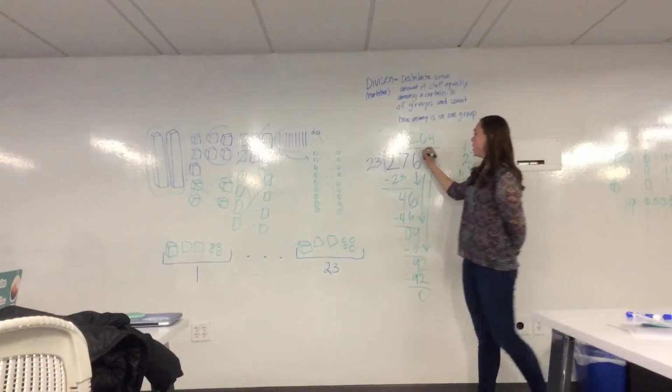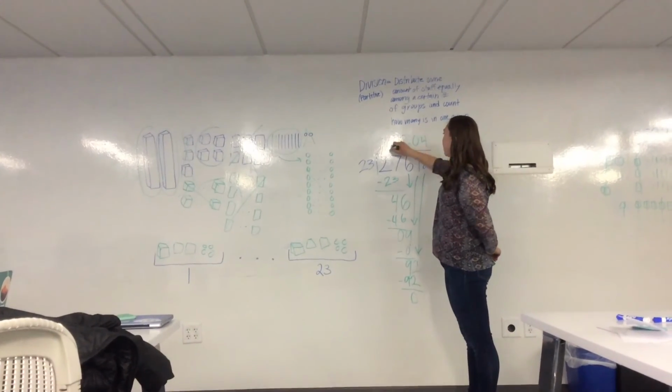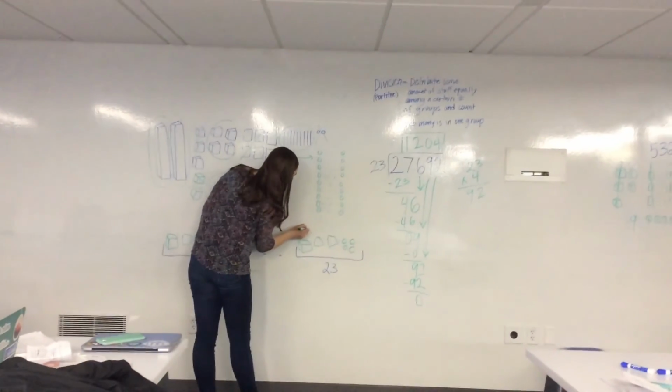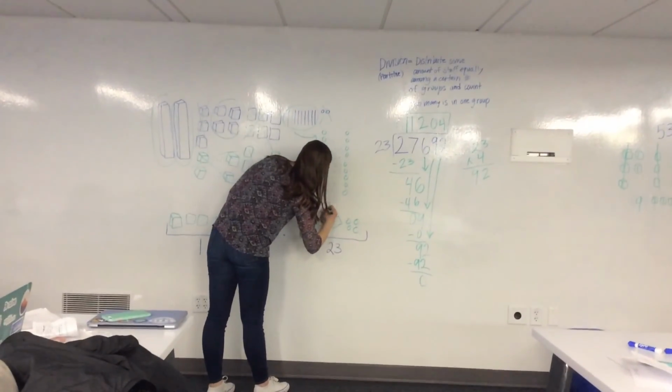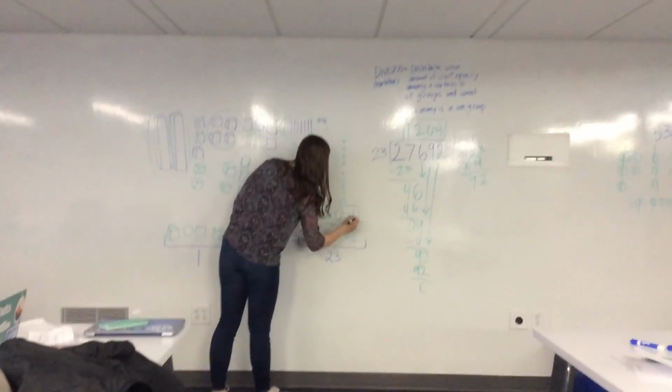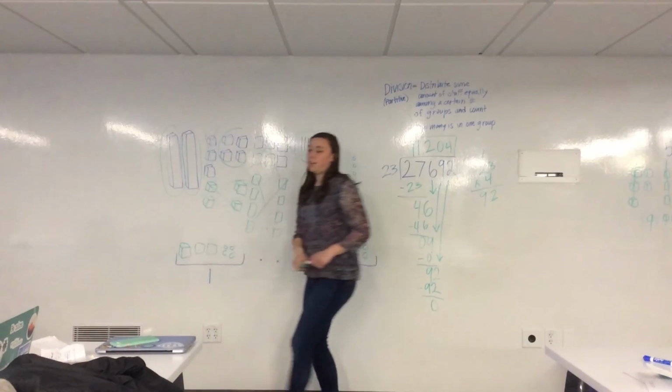So now we see that our answer is 1,204. And we see that here because we have 1 super cube, 2 flats, 0 rods, and 4 singles. You get an answer of 1,204.